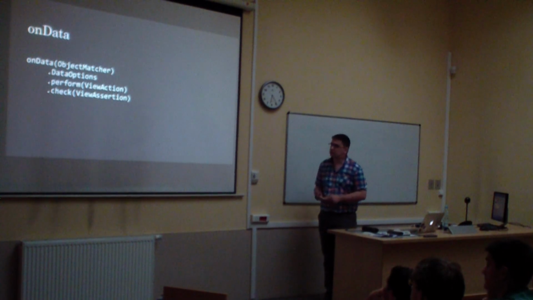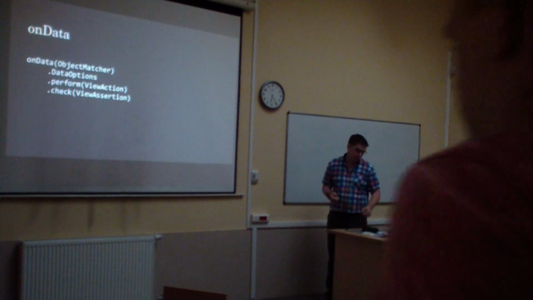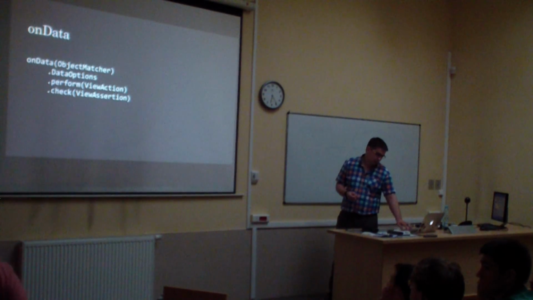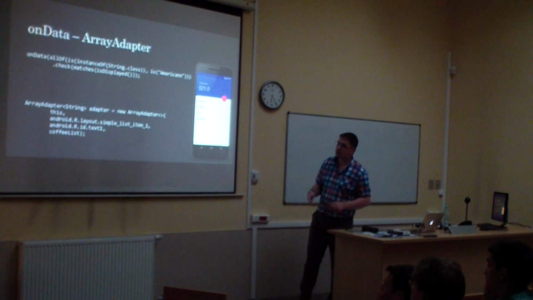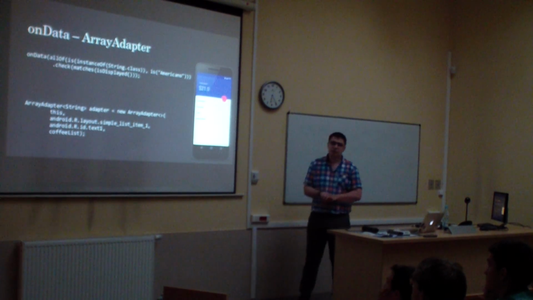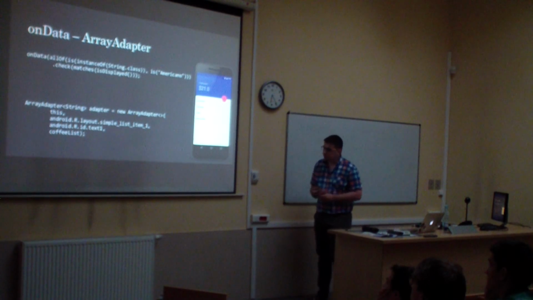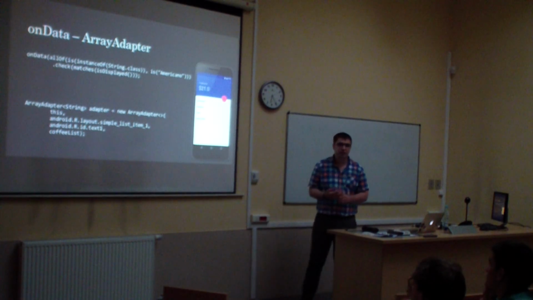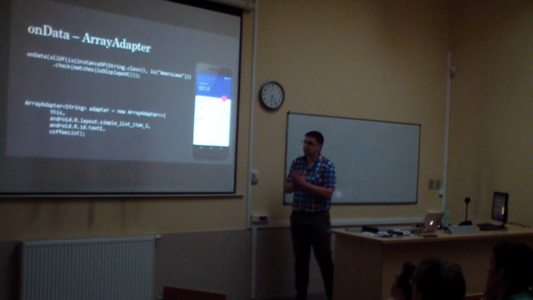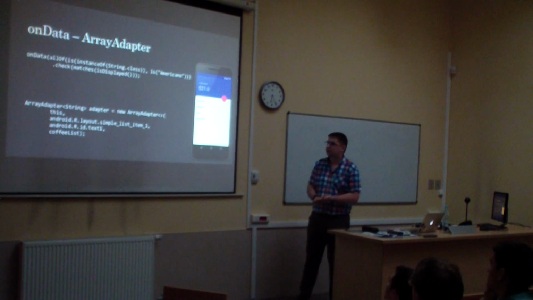This method is almost the same as the onView method. And we start from a really simple example. We use an ArrayAdapter. This ArrayAdapter has the getItem method, and this item returns a string value.